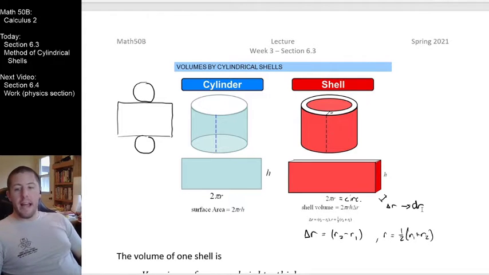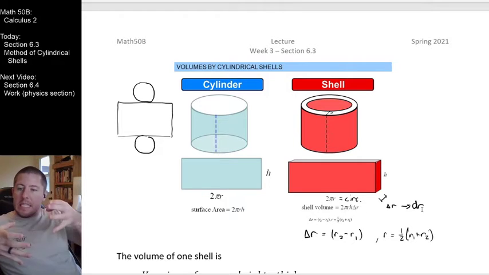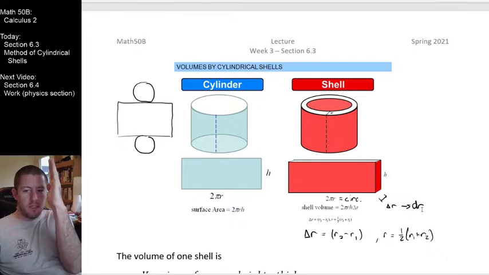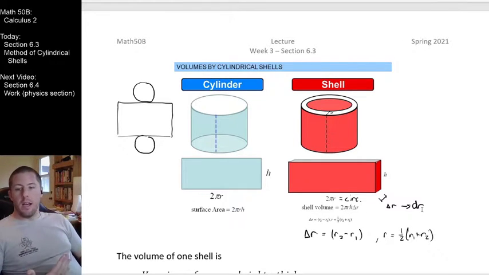Now we're going to see that our radius can be measured in terms of x or y. So we're not going to have r terms in our integrand, but we're still thinking about the radius, the distance from our axis of rotation, as a key measure for the volume of one object.